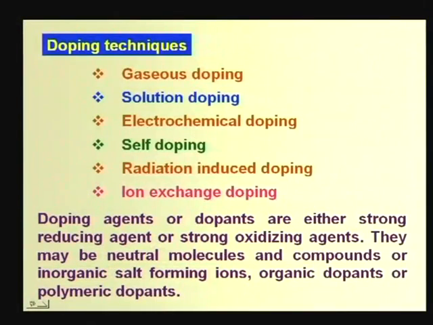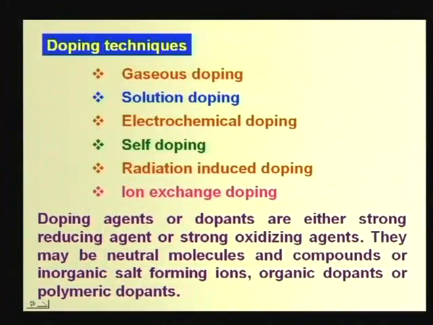The doping agents or dopants are either strong reducing agents or strong oxidizing agents, as I mentioned earlier, and they may be neutral molecules or compounds, or inorganic salts which can form ions, or they can be organic dopants which can create free radicals in the presence of the polymer, or when excited with some energy, when you have already made a device and it is exposed to some energy for the function of the device, there it can act as a dopant, that means it can act as acceptor or donor, or sometimes polymeric dopants can be used.